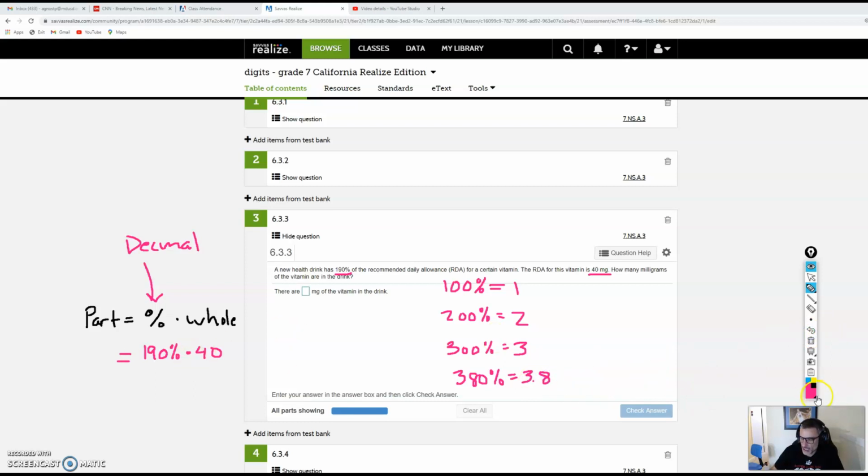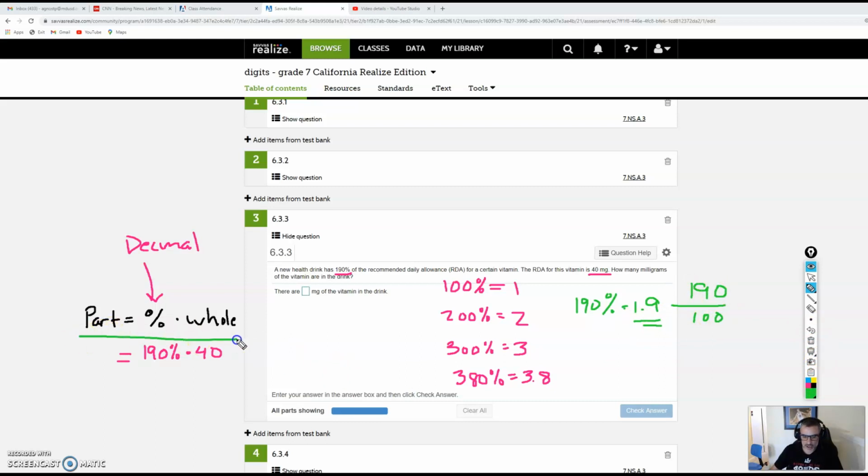So in our case, 190% is equal to 1.9. And the way you get that is, remember, we have 190 out of 100. So what is 190 divided by 100? Well, if you simplify this, you'll get 1.9, right? If you actually went ahead and did this division, 190 divided by 100, you can do that in your calculator, and you'll see that you get 1.9.